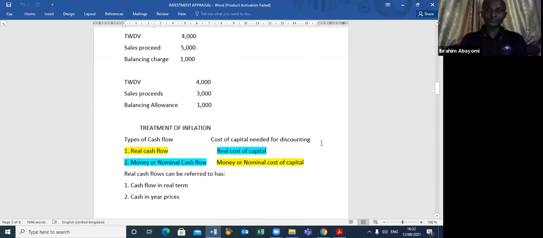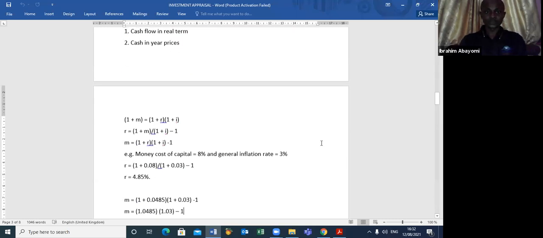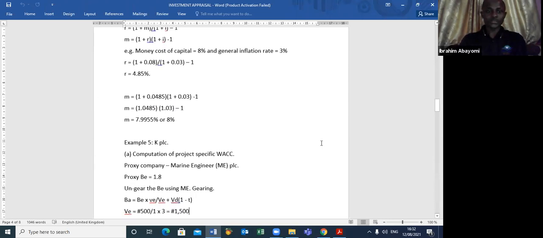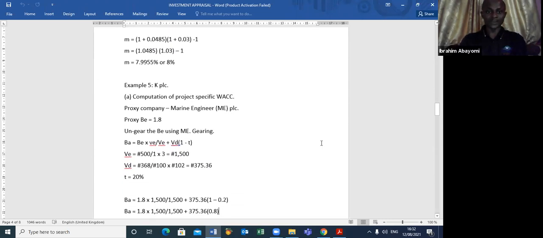Look at this computation we did here, in part A. What did we do? Look at the formula we used to engineer our beta of equity of the proxy company.